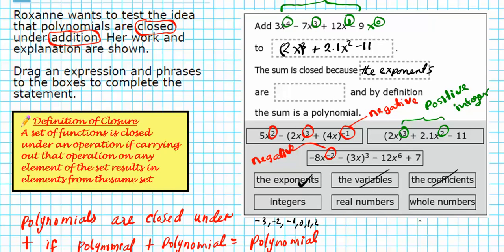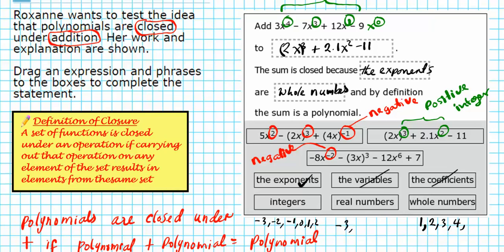Whole numbers are positive integers. So for whole numbers, we have 1, 2, 3, 4, and on and on. These are whole numbers. It doesn't include negative numbers. So non-negative integers are whole numbers. So the correct answer is whole numbers. Remember, real numbers is integers plus rationals plus irrationals.